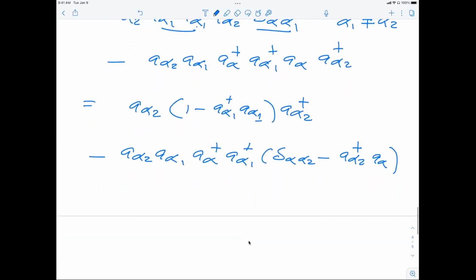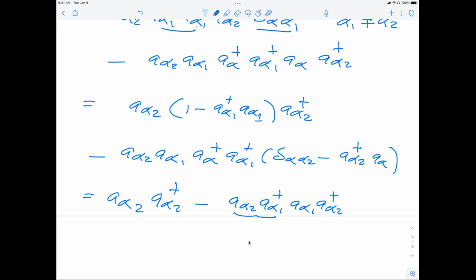So what I'm going to do next now with this term, I have an a alpha 2 here, and this has an a alpha 2 dagger. I have a 1 here, and then I have a minus, an a alpha 2, a alpha 1, times a alpha 1, times a alpha 2 here. Now I can interchange these two here, and I can do the same with the alpha 2 dagger and alpha 1, because these are different states.